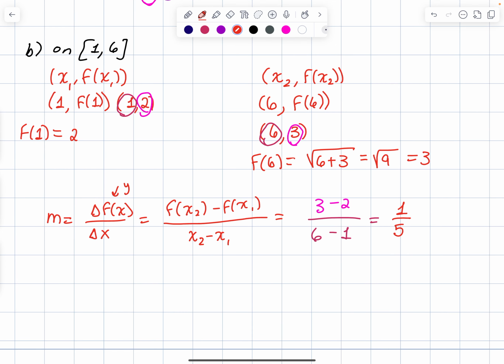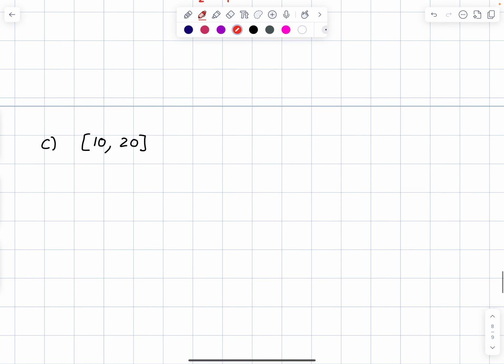All right, and then the last one that we have is 10 to 20. And so let's just remember f of x is square root x plus 3. All right, so we need f of 10. F of 10 equals square root 10 plus 3, square root 13.